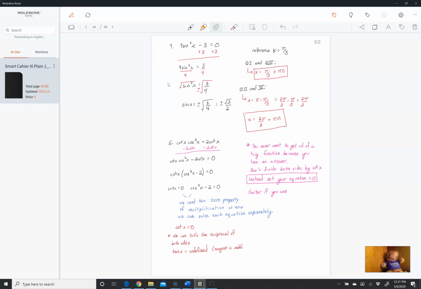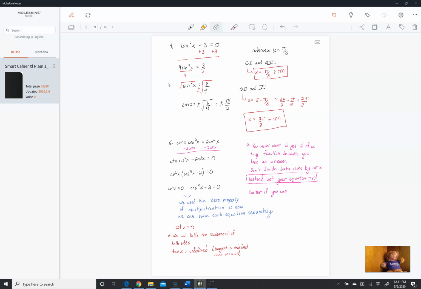Right? This is what we were talking about with the graphs. Right? This is where your asymptotes are. Tangent is sine over cosine. So when cosine is 0, it's undefined.